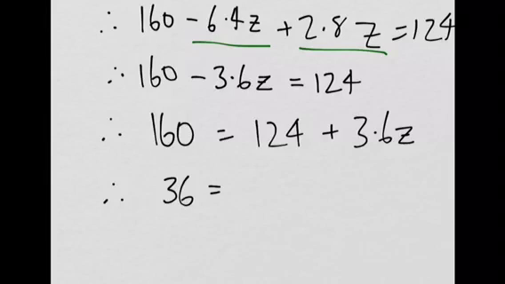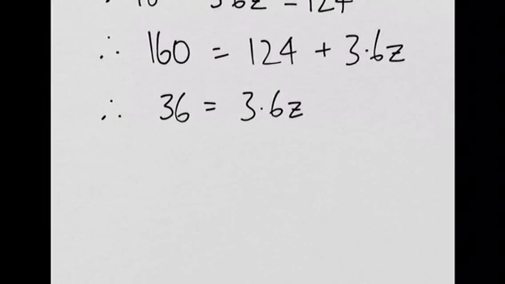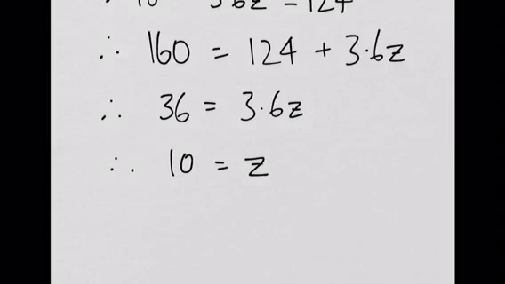Yeah, 36 equals 3.6Z. Then divide both sides by 3.6. I've got the feeling that's 10. Yep, but it's late, so just check it on the calculator. So Z equals 10. Cool.